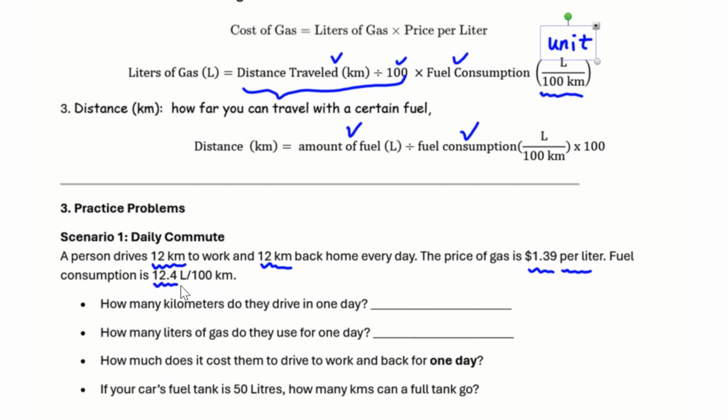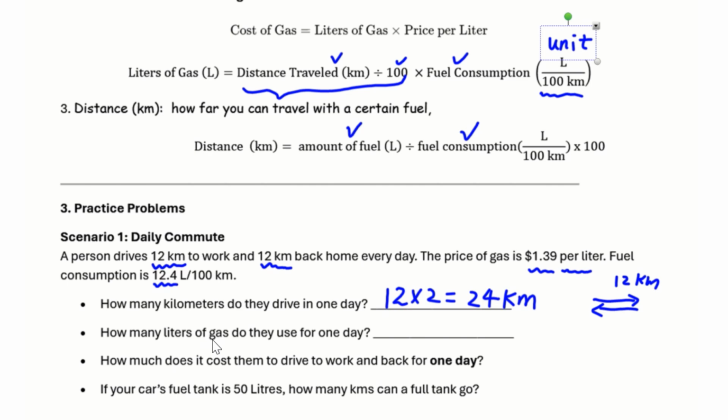It asks how many kilometers they drive in one day. So 12 kilometers one way, then 12 kilometers back. So we have 12 times 2, which is 24 kilometers per day to travel to work.